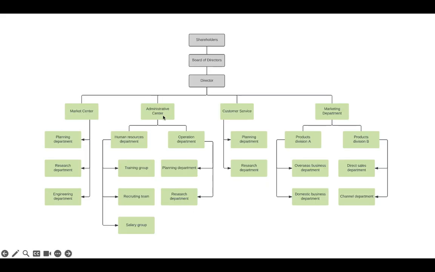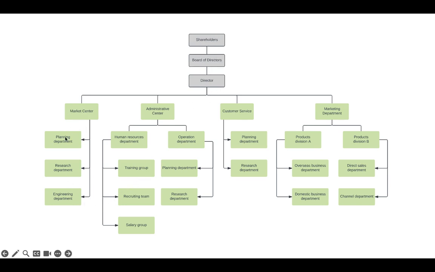Here's another one over here. We have a marketing department right here, and then we have a market center right here. All right, and then we have an administration center and customer service over there. So the organization has said these are the four major activities that we engage in. And then look over here. This is a person, and these are people, and these are people over here in gray.